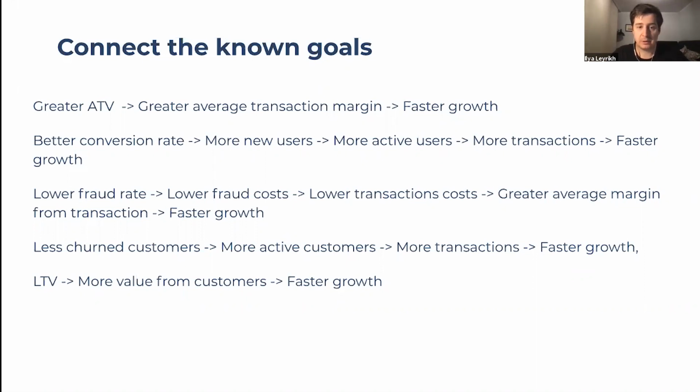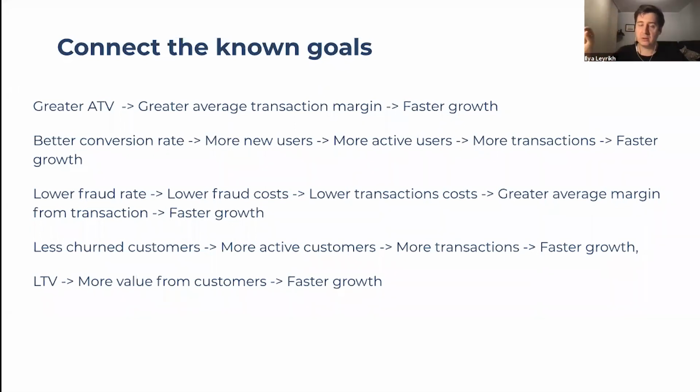Those are a couple of examples, and you can think about every single metric that you brainstormed in step number one and think, okay, why do I have this particular metric? What is the bigger objective that this metric is serving?